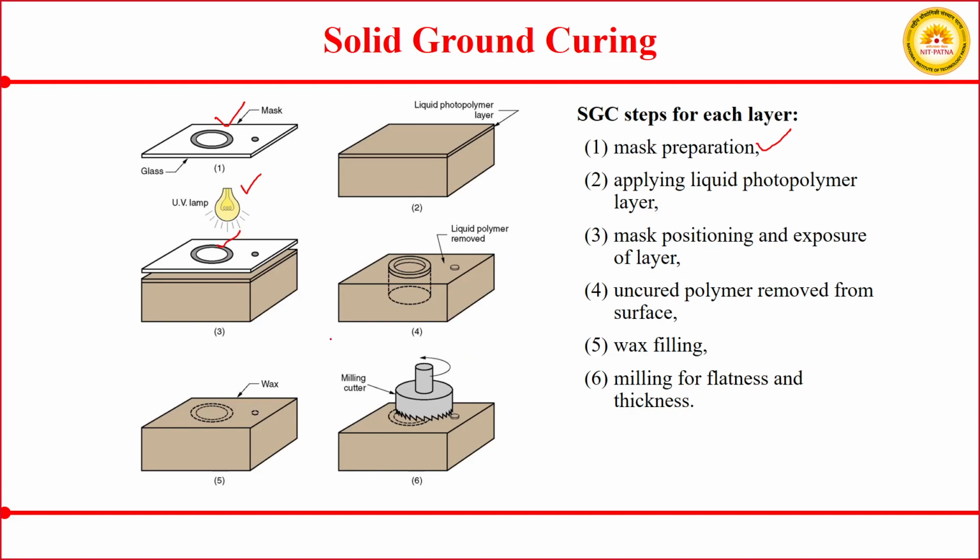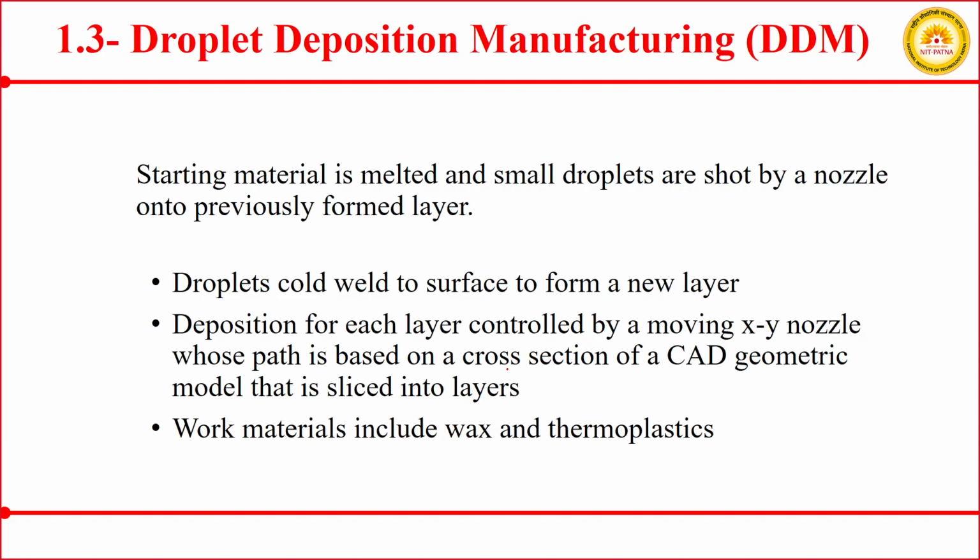In this type of process, the only limitation is that you require milling for creating the flat surfaces in the later stage, maybe due to the non-uniform intensity of light, the part surface may not be uniform, so you will require milling for flatness. So this is about solid ground curing.